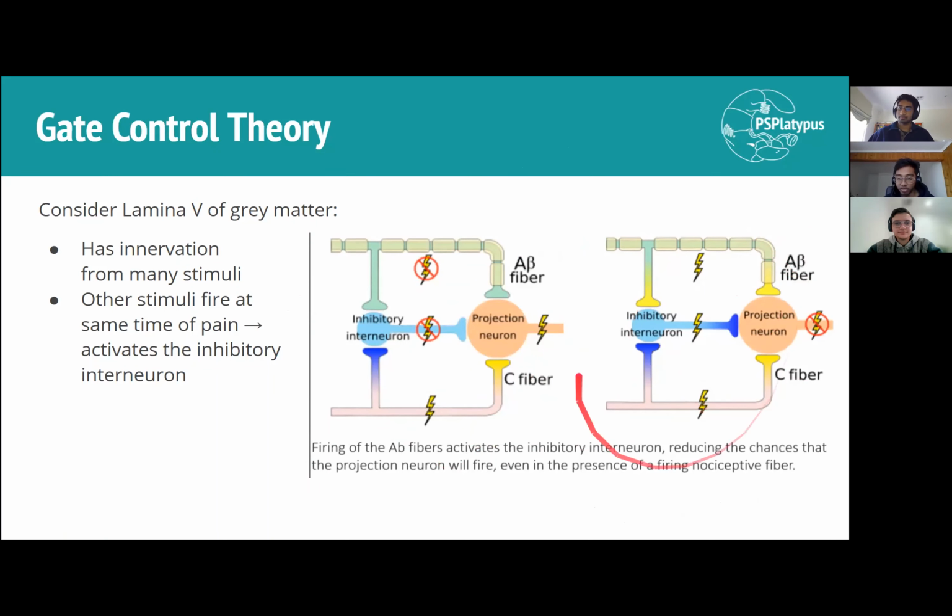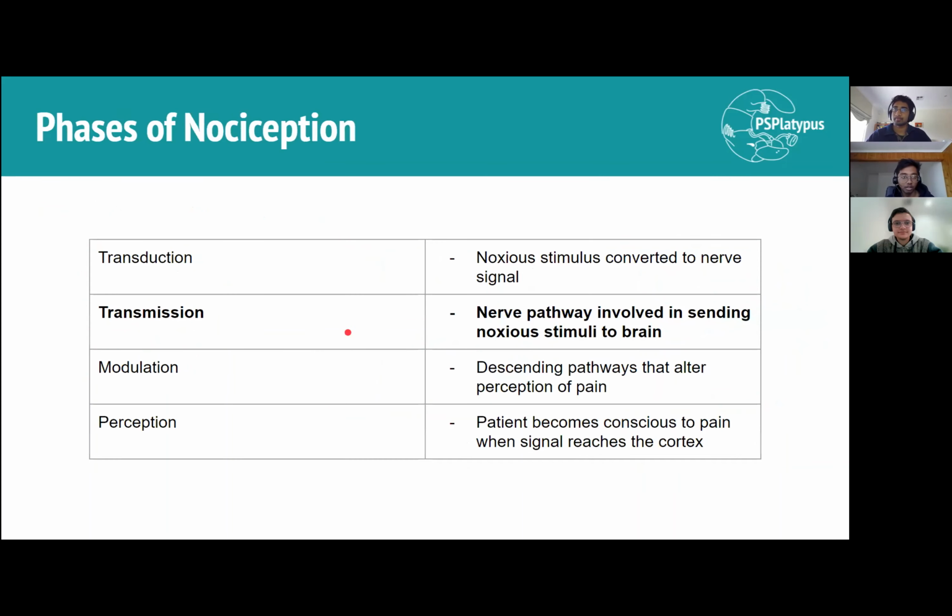In the second diagram here, when you have C fibers carrying the pain, and also you're rubbing it, so you feel other sensations as well, it is believed that this A beta fiber causes an activation of an inhibitory interneuron, which inhibits the final projection neuron, so you don't feel the pain that much, even in the presence of a firing nociceptive C fiber. But yeah, that was that.